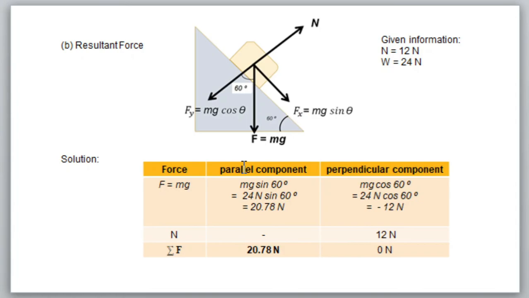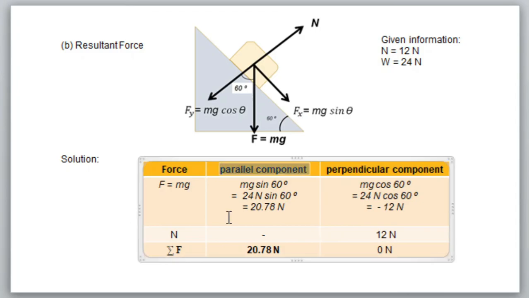For the perpendicular component to the plane, we have negative 12 and plus 12, so there will be 0 Newton. So the resultant force is 20.78 Newton, and the direction is towards the parallel component, which is down the inclined plane.